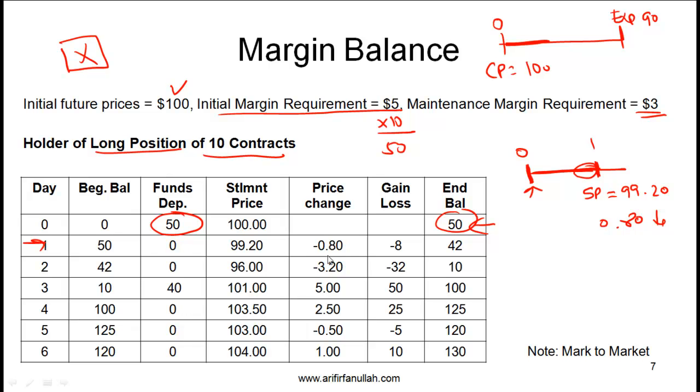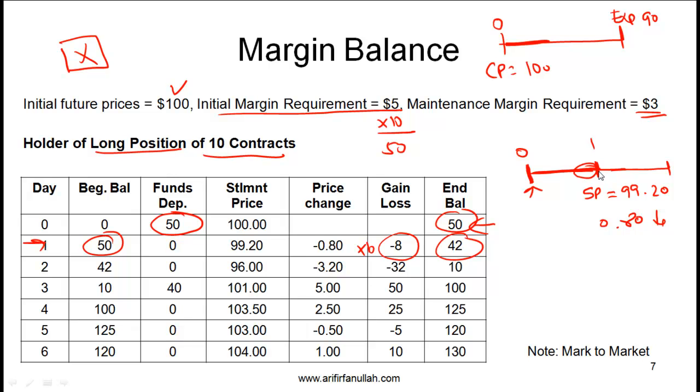On a per contract basis, the loss is 80 cents. For 10 contracts, we multiply this by 10 and say that the total loss is 8, and the ending balance then becomes 42. So the beginning balance of 50 minus the loss of 8 gives you an ending balance of 42. So you start day 2 then with a balance of 42.